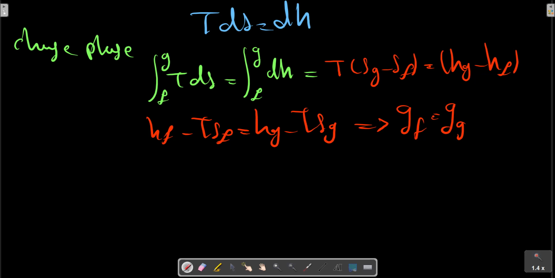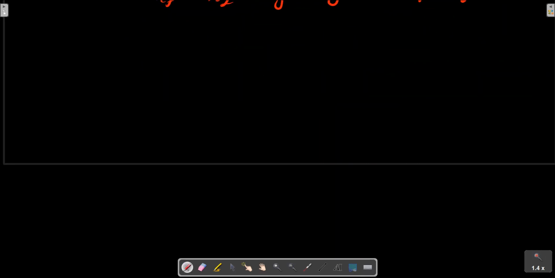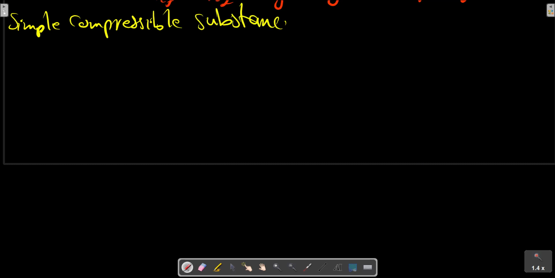In Chapter 14, we considered the relation for a simple compressible substance, dG.